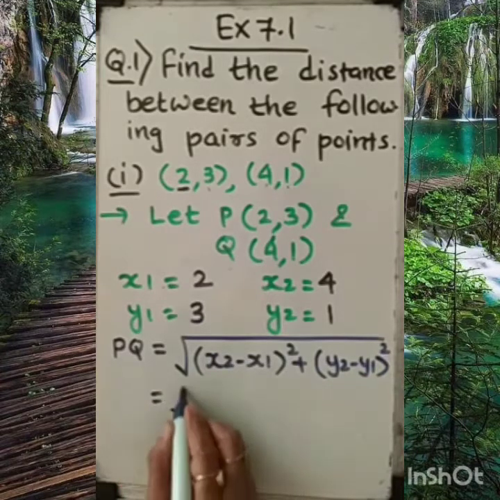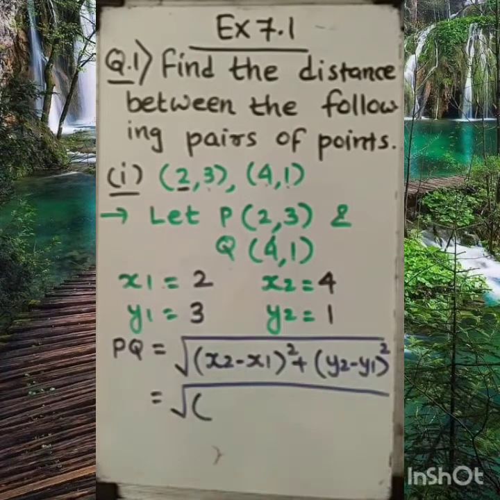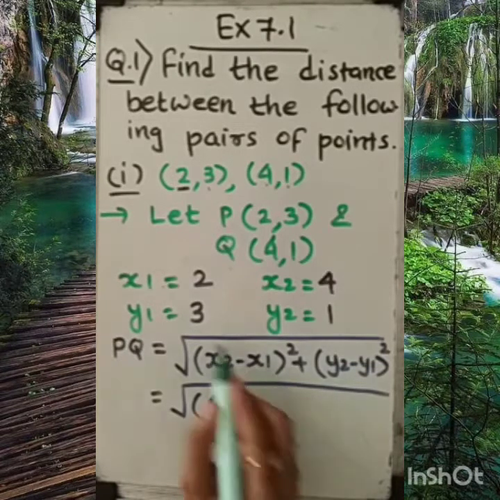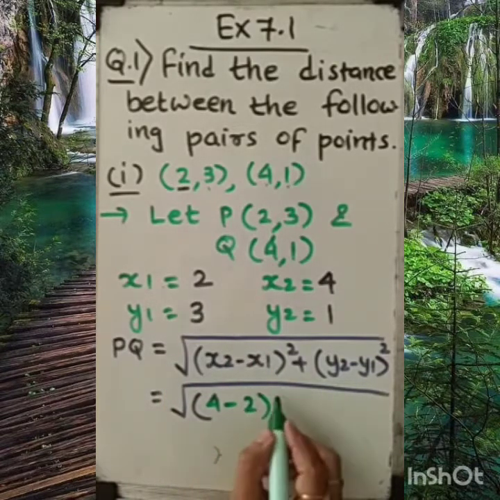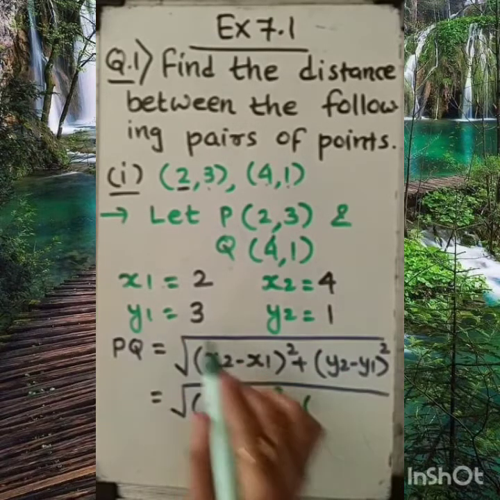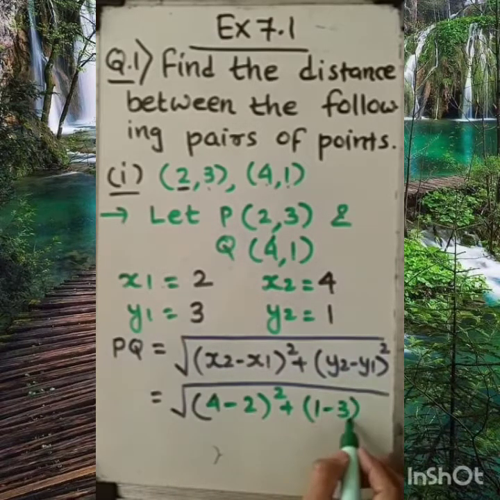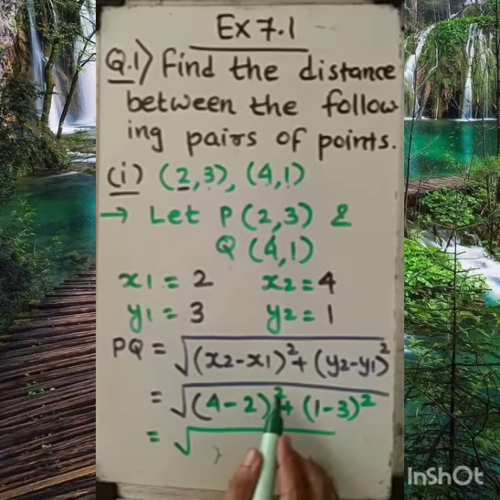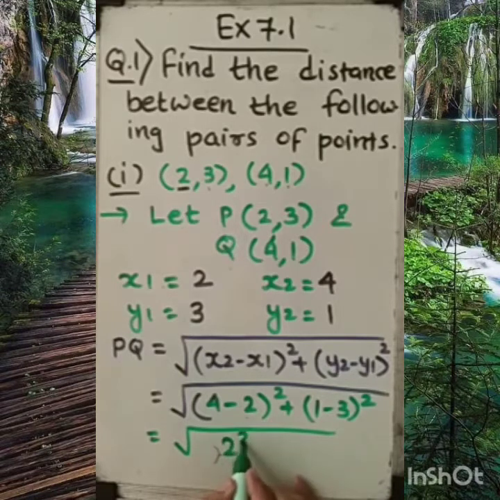Let me insert the required values at the proper place. x2 is 4, x1 is 2, so (4 minus 2) whole square. Similarly, y2 minus y1, (1 minus 3) whole square. So 4 minus 2 squared is 2 squared, and 1 minus 3 is minus 2 squared.